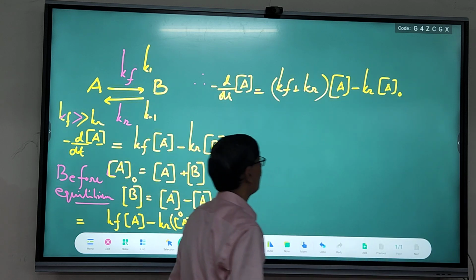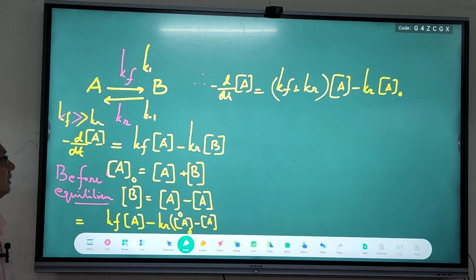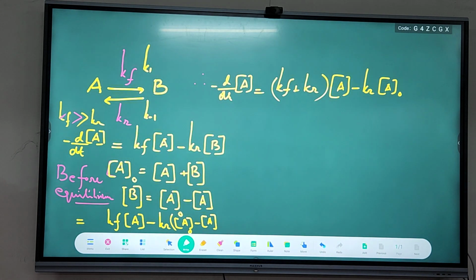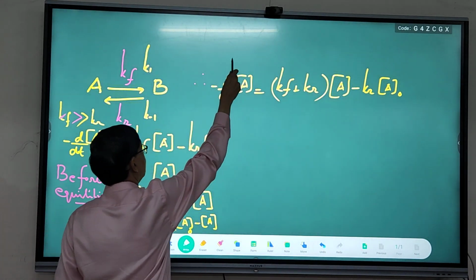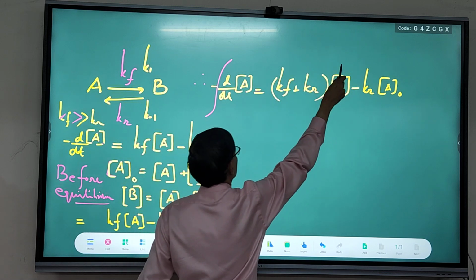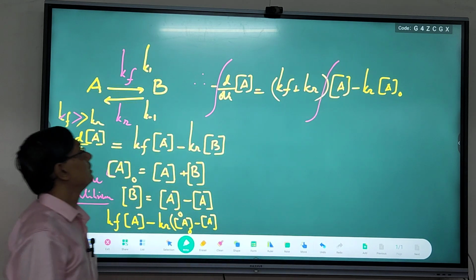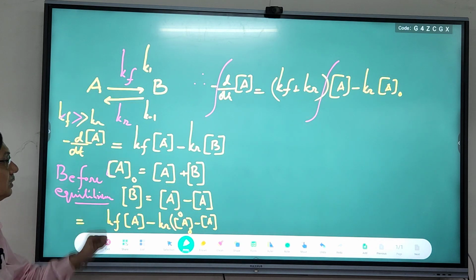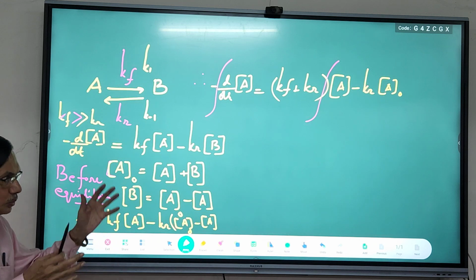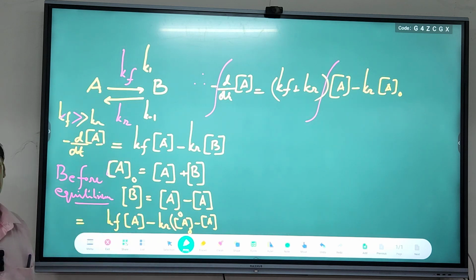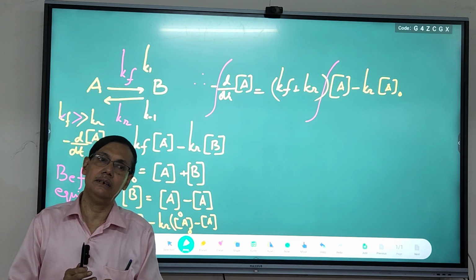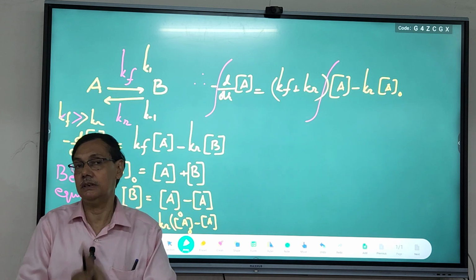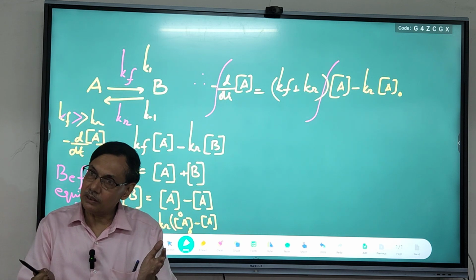Now again there is a problem. Our part, you all know, is that we have to integrate it, whatever it is. But again there is a problem because there are two rate constants. Of course this is a constant. So what I do, I want to simplify it. Sometimes it is called, in chemical kinetics, mathematical simplicity.